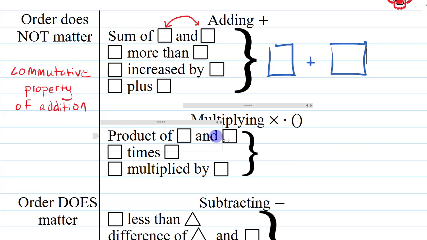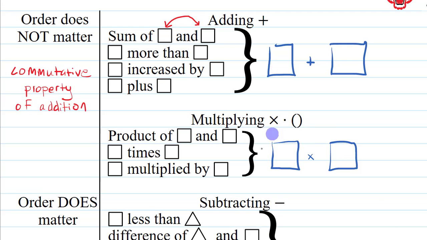All right, multiplying also, the order does not matter. You can have the times symbol, the little dot symbol, the parentheses here. It doesn't matter for the order. They're all box times box. So you can write over here, this is box times box. The order doesn't matter. You can switch those two.